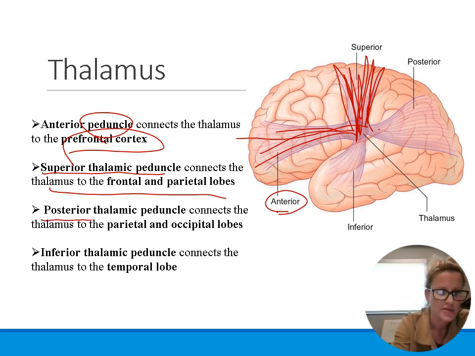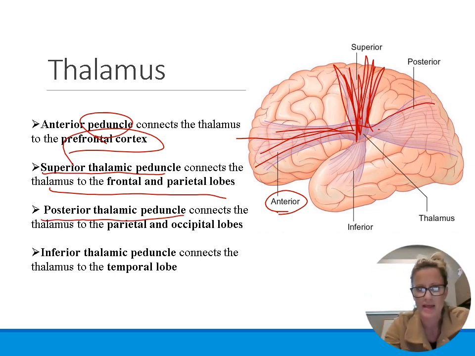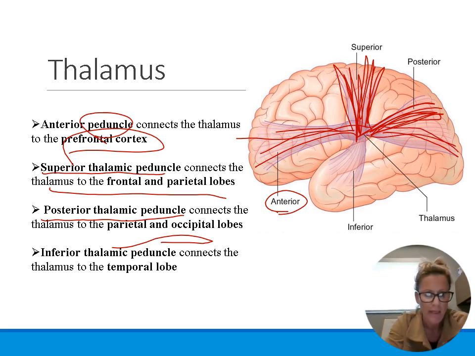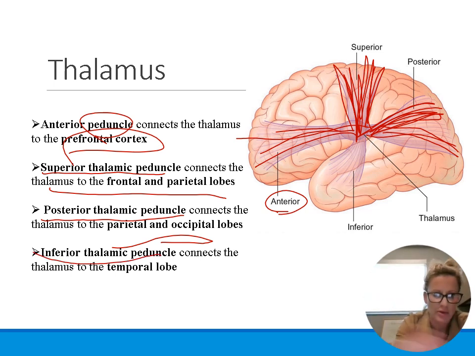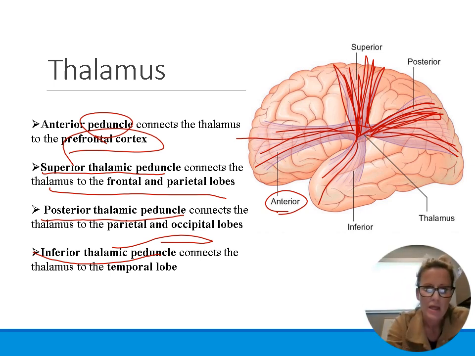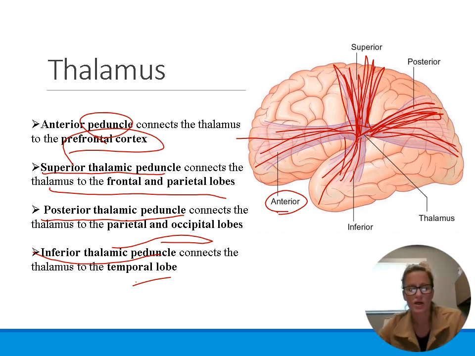The posterior thalamic peduncle is going from the thalamus back to both the parietal lobe as well as the occipital lobe, where we have our visual cortex. The inferior thalamic peduncle goes from the thalamus and then kind of down and out, so like inferior and lateral, in order to connect to the temporal lobe, where we have our auditory cortex.